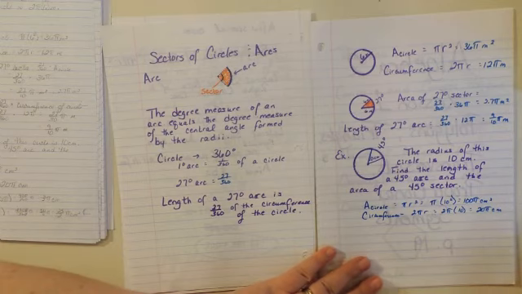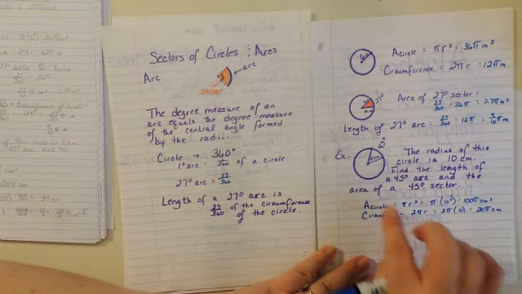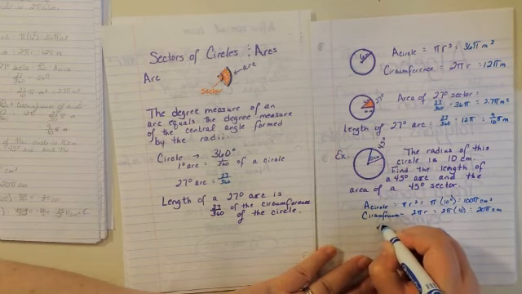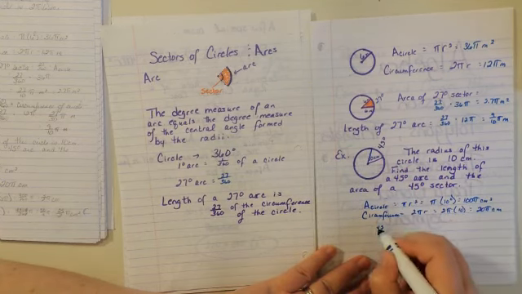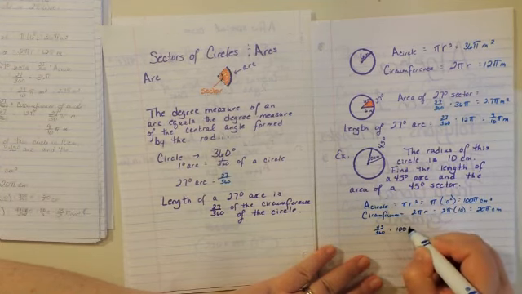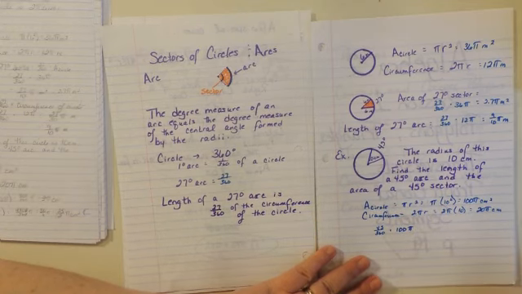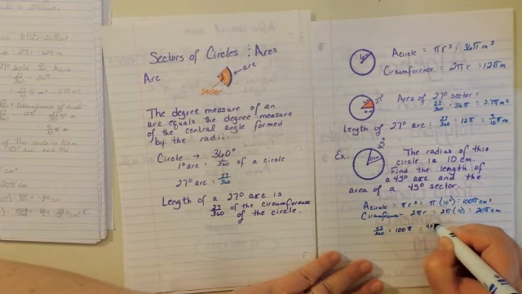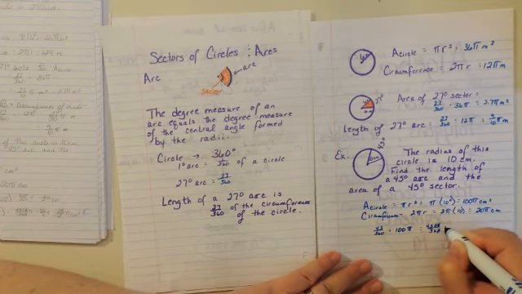Okay? If this is the area of the circle, then the area of the sector is going to be 45 over 360 times 100 pi, and that's going to be 4,500 over 360. We can take out 2 zeros.